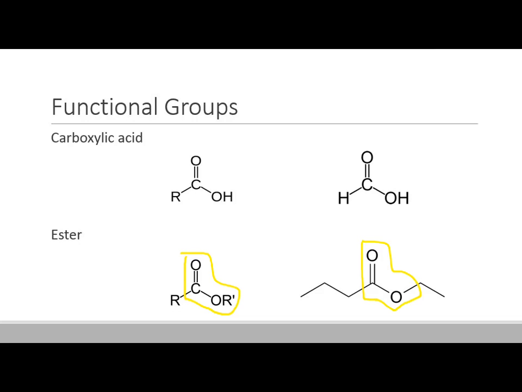Notice that this looks a lot like a carboxylic acid, except the difference is instead of having hydrogen here, you actually have an R group, another carbon chain attached to it. And this isn't coincidence. In fact, you can produce esters from carboxylic acids. It's one of my favorite labs.